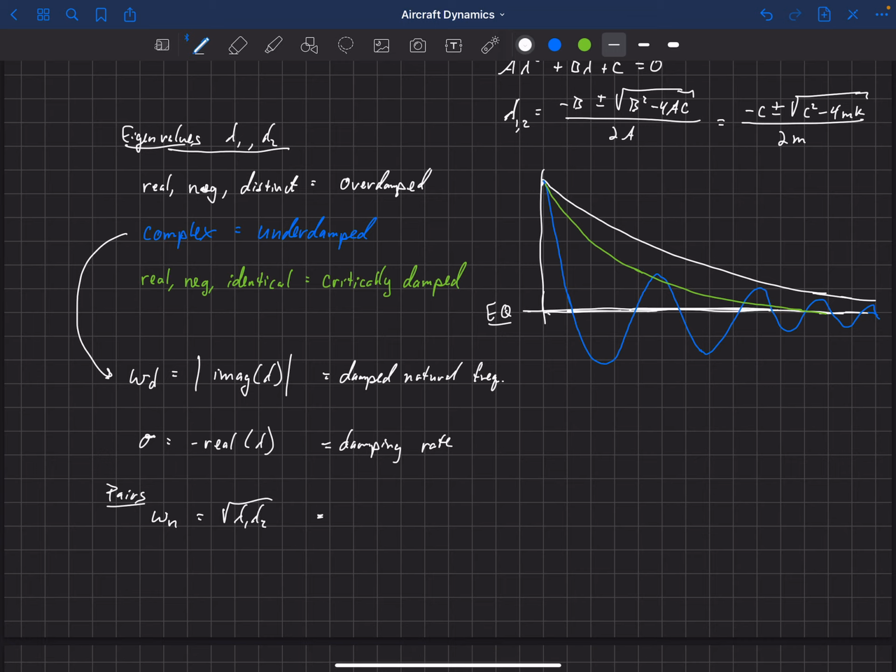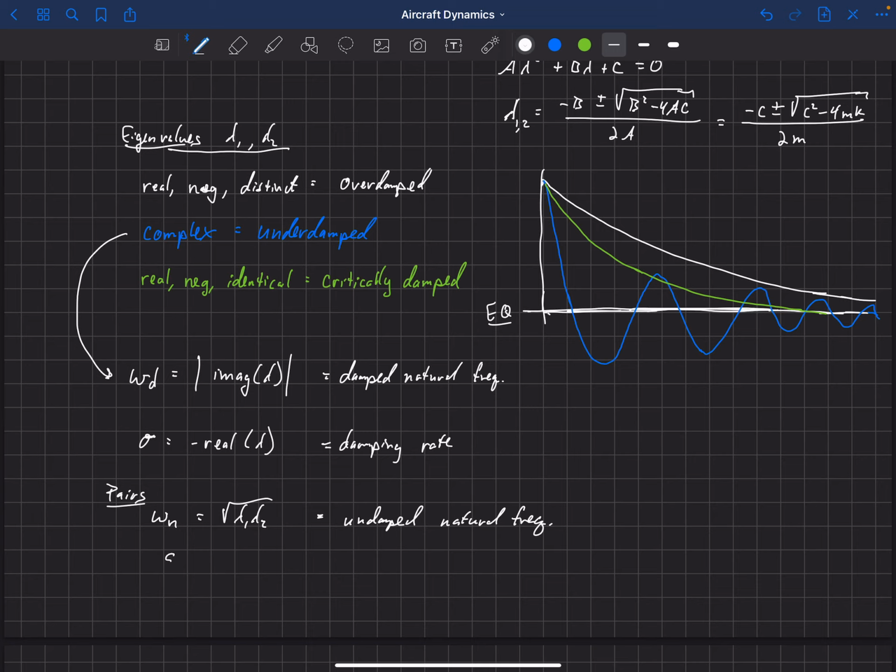This is called the undamped natural frequency, and that's the frequency that this system would oscillate at if there were no damping. It may not be the actual frequency it's going to oscillate at because it has damping, but we can predict what it would oscillate at if there were no damping.